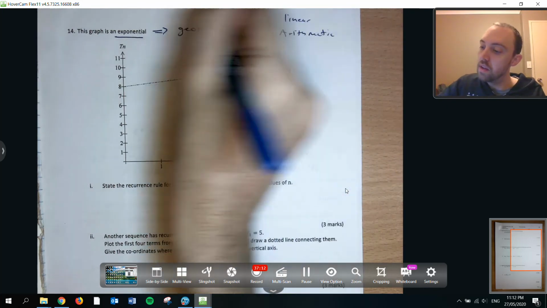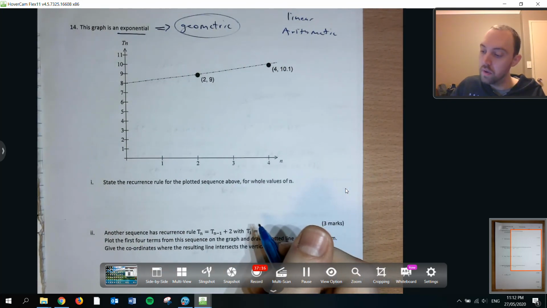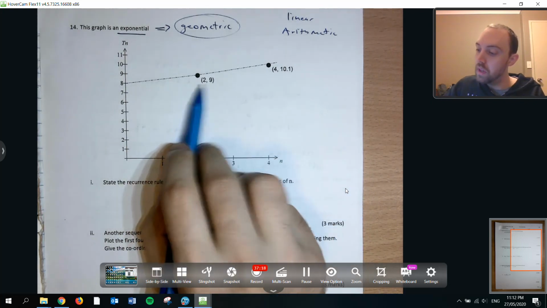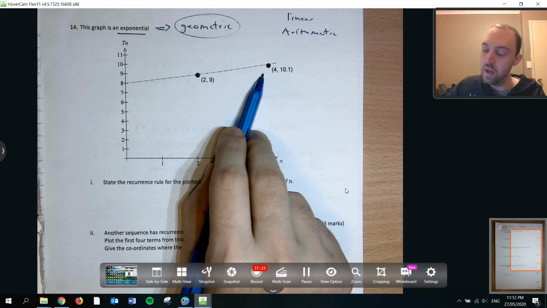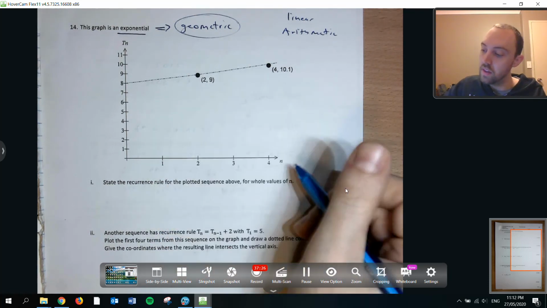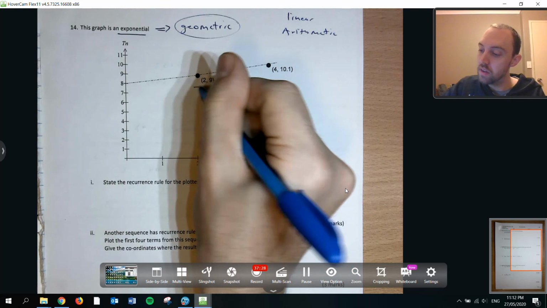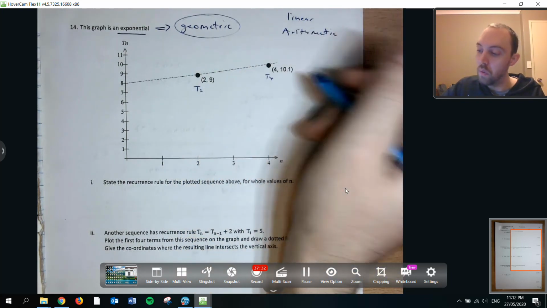So we need to keep this geometric idea as we go through. Now, we really can only be certain about (2, 9) and (4, 10.1). And these are the number of terms. So this is T2, and this is T4.